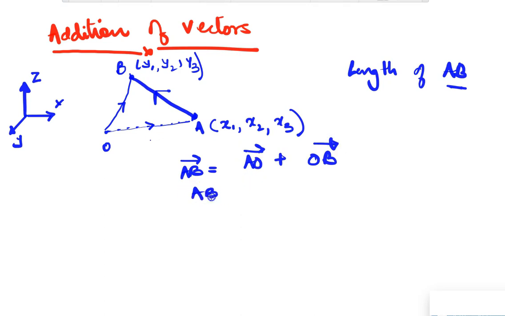So we can simply say AB vector is nothing but, AO vector is nothing but minus OA vector, so it is OB vector minus OA vector, right?